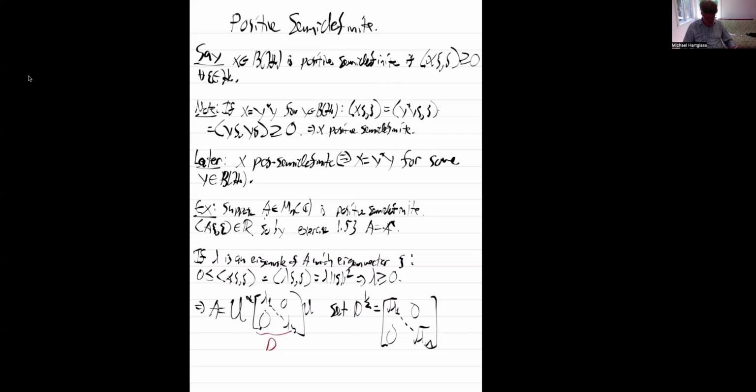Then A is certainly going to be U D to the 1/2 times D to the 1/2 U star. And of course, I should have stated here that U is a unitary.